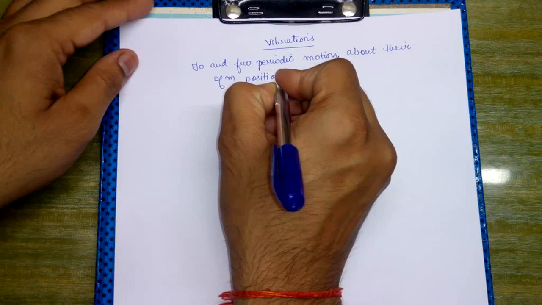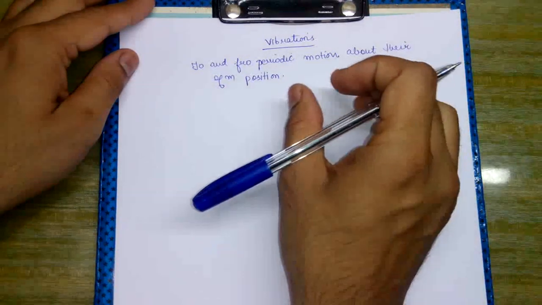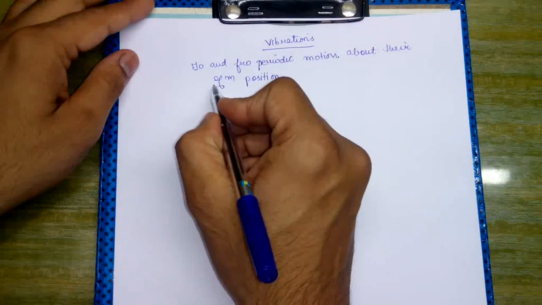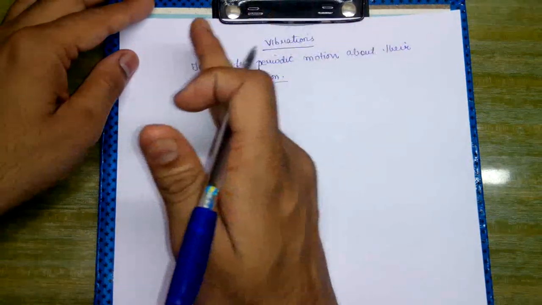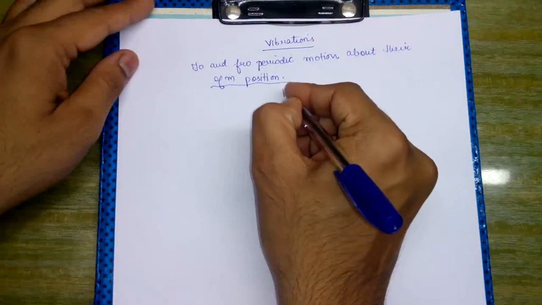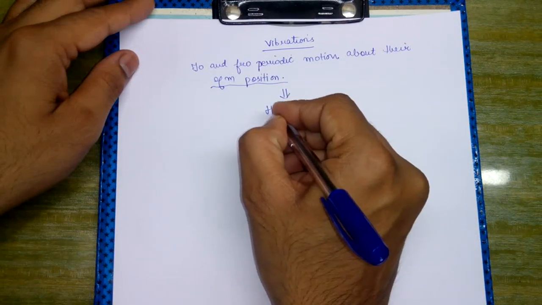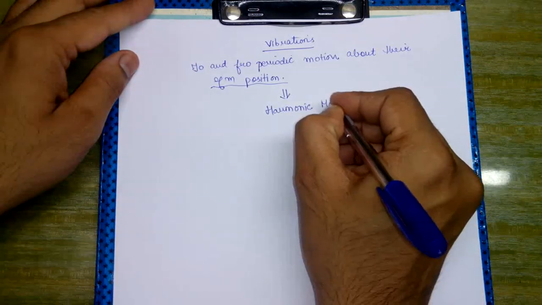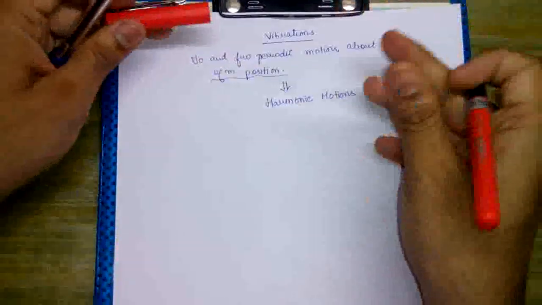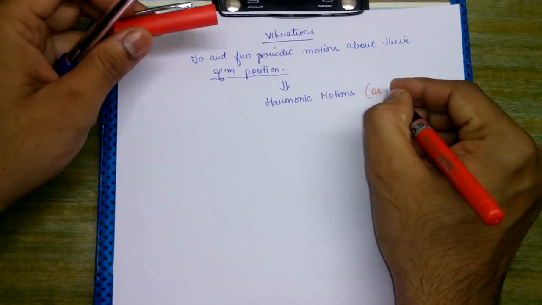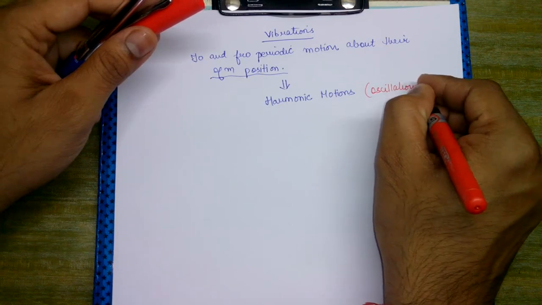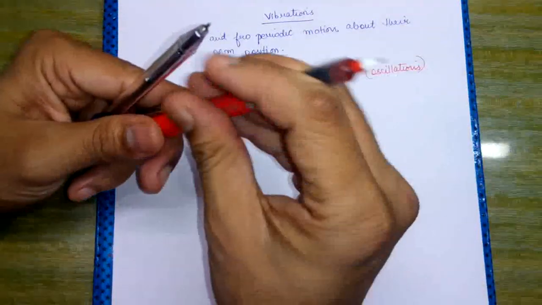Okay, so it is a periodic motion. It means it is simply repeating itself after a definite interval of time, and about the equilibrium position it will keep doing to and fro motion, and this is also known as harmonic motions, or we can also call them oscillations sometimes.